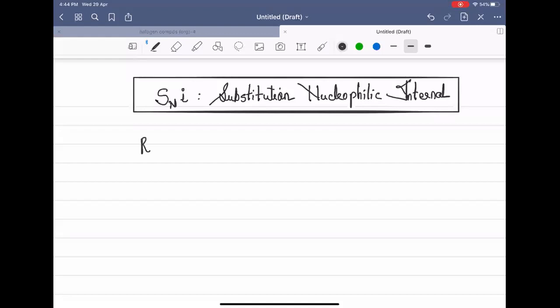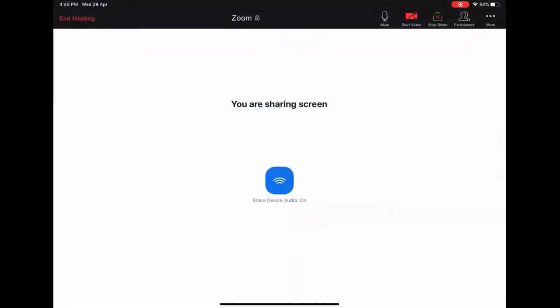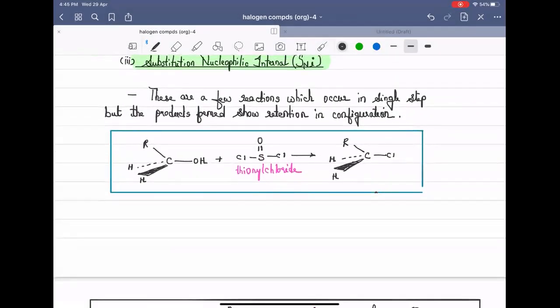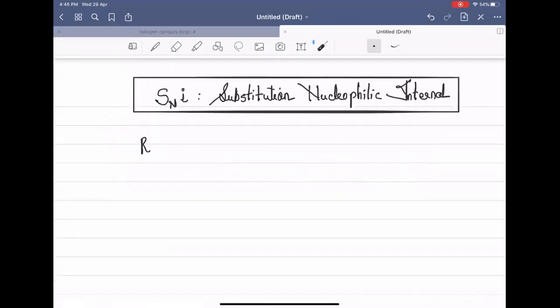Normally, when you take up primary alkyl halides, I have taken up something here where you start with an alcohol. This is not really an alkyl halide, but it is a kind of substitution reaction, and that is why I have taken it up. So we would be starting with an alcohol, and let's say this is R, then CH2, and then OH.